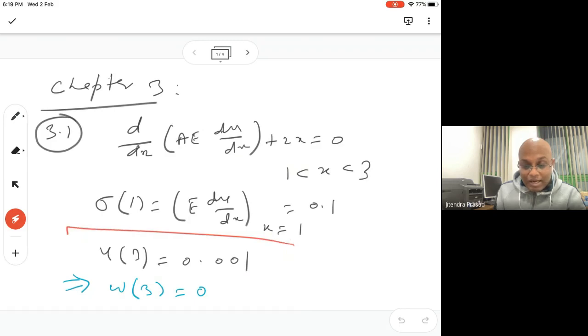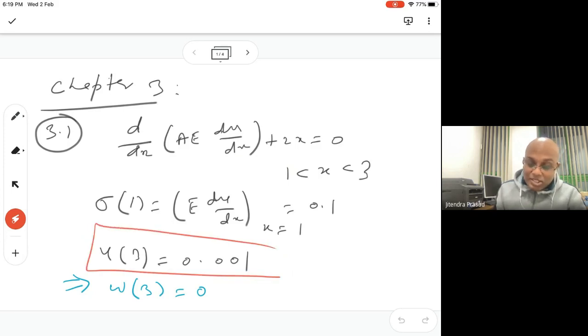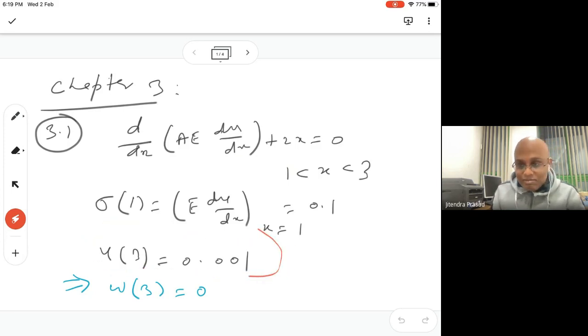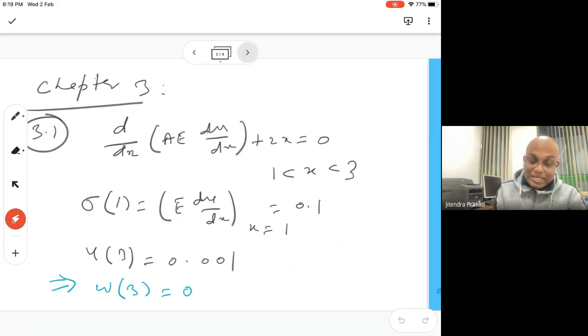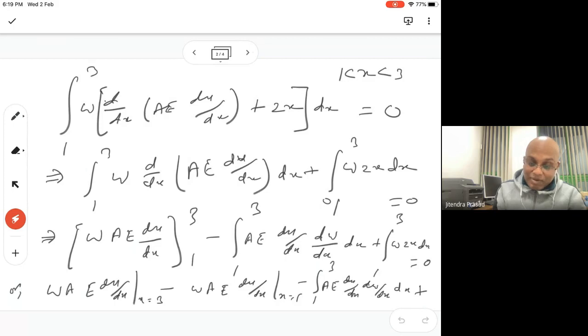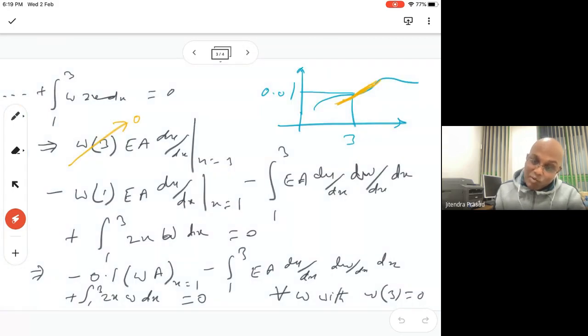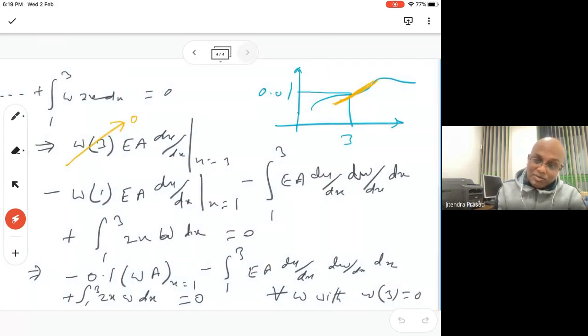But when you are using any trial function, unless you know this one, you cannot actually find out the trial function. Hence you have to know this. Both are known to begin with. Even if it is a weak formulation, both the boundary conditions are given to you.